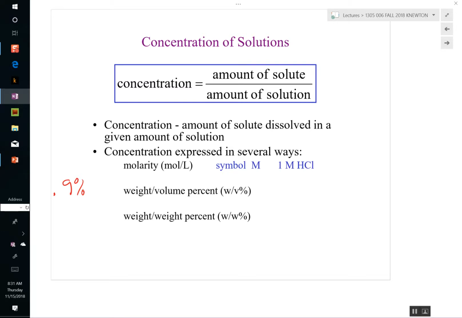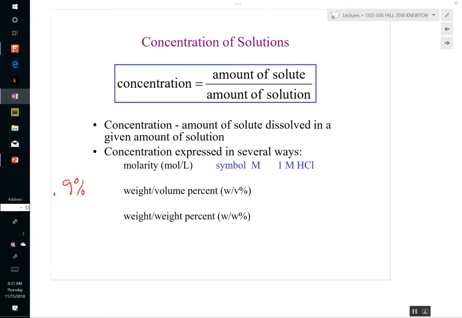I'll just mention this one, and Newton might do some of those calculations. Weight percent would be the case like brass. If you are making an alloy, then you would express the alloy in terms of the weight of one metal versus the weight of the other metal.